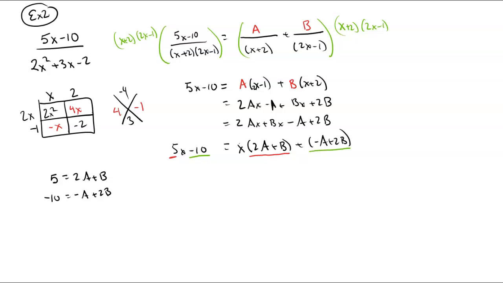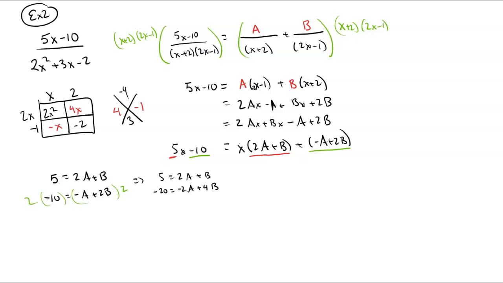Okay. So depending on what variable you want to eliminate, I think I am going to eliminate the a's. So I'm going to multiply everything by 2. That is going to keep my first equation the same, and it will change my second one to this.